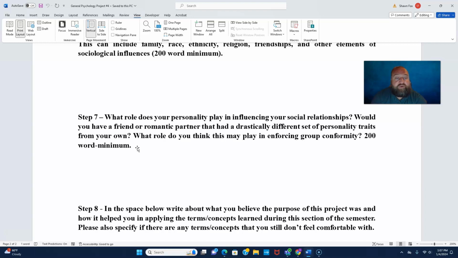Generally when we're part of a group, we give a little bit of ourselves to try to fit in with that group. Sometimes that can just mean dressing differently, behaving differently, but in extreme forms, it can even mean thinking differently, changing your perspectives, your beliefs. In some cases, even changing or minimizing or enhancing certain parts of your personality. So that's what you're going to talk about for step 7.